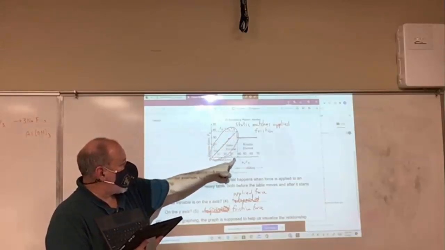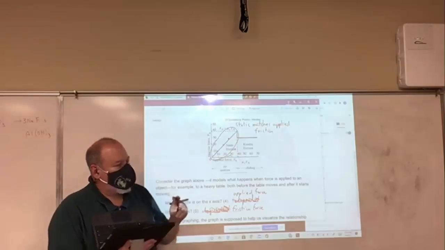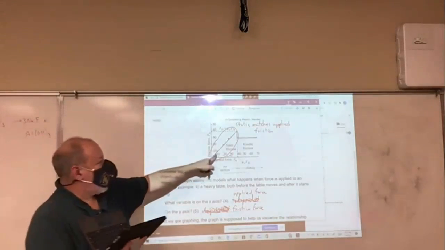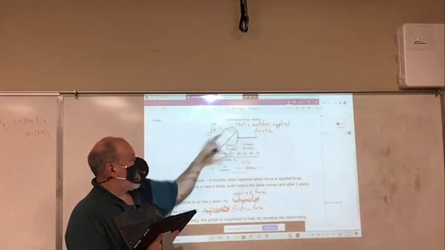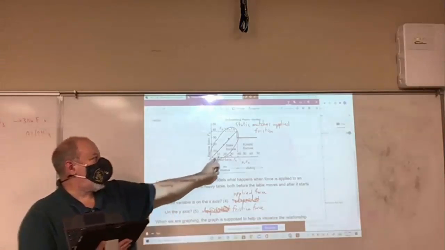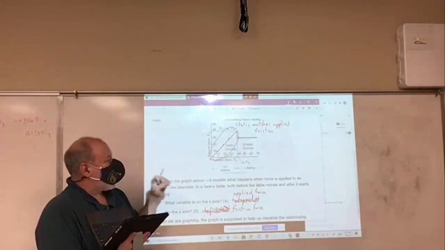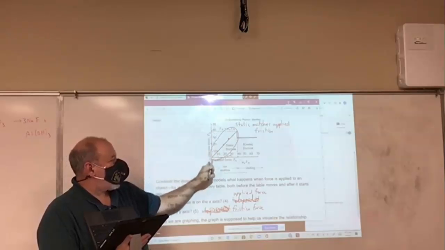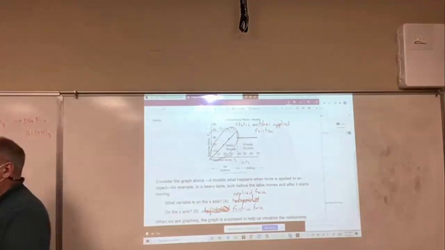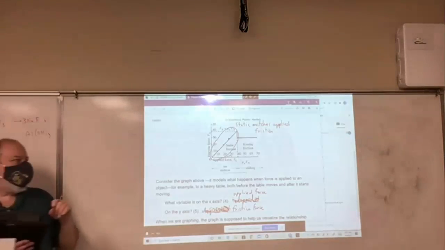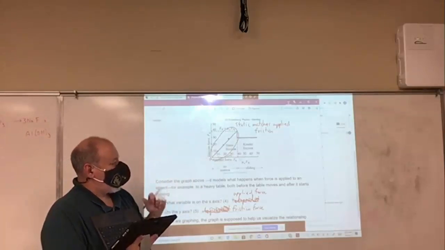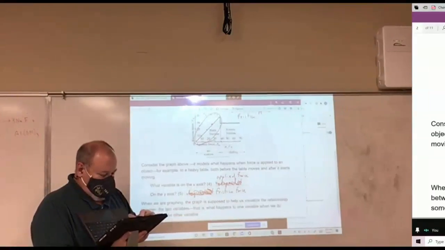As I increase this by the same amount, I increase this by the same amount. That's what a straight line at a 45-degree angle shows, right? So when you see a graph like that, you know what the relationship is. This is a linear relationship, and you should be able to say that right from the get-go.